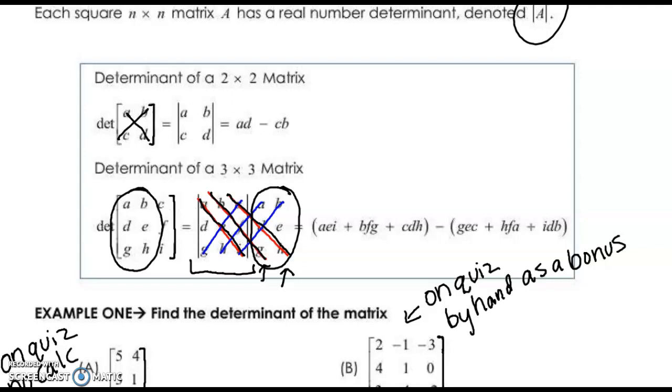And then subtract G times E times C plus H times F times A plus I times F... is that B? B. Okay, it's written right here. So that's all you have to do. And you're actually not even going to have to do this because you can do this on the calculator I'm about to show you.